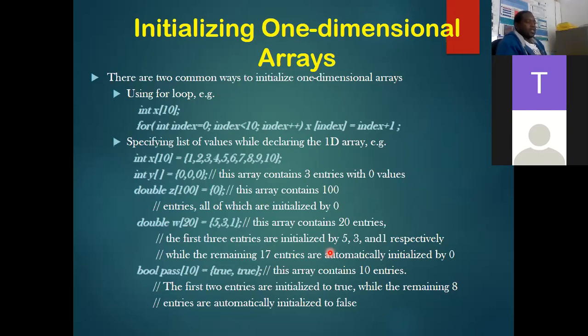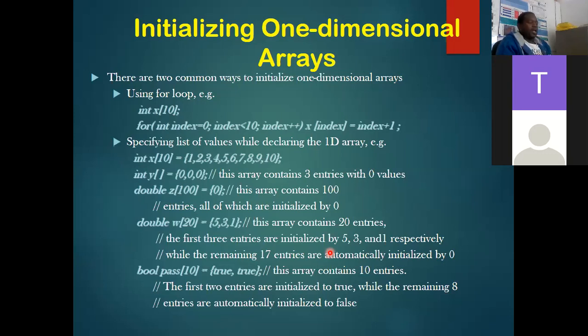Or sometimes you are not sure how many elements you need. So you don't limit yourself, like in y, you leave the brackets empty. And that gives you the flexibility of creating different sizes of arrays. In that case, the number of elements in that array is determined by the values that you use in your initialization, right? Then, if you initialize, let's say, an array of 100 elements, you just put 0. That means the first element is 0 and the remaining ones also become 0.